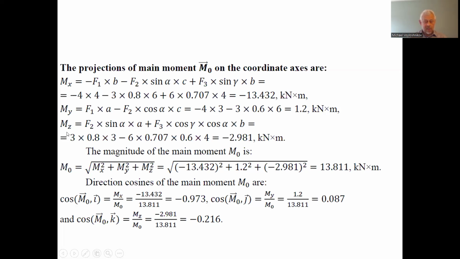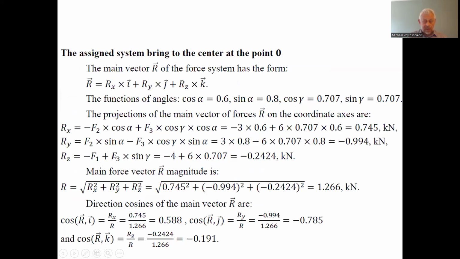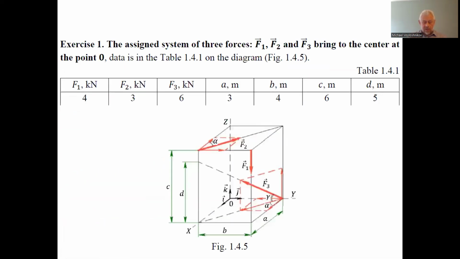Generally, we can explain that the projection on the y-axis of the force F1 we can find as force F1 multiplied by the arm A. The force F3 does not cause a moment relative to the y-axis as this force crosses the y-axis.